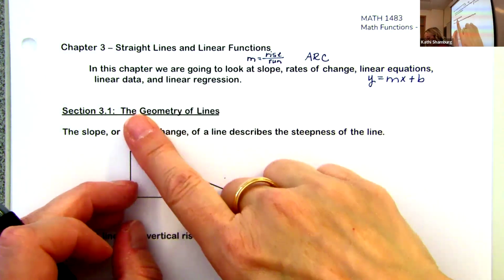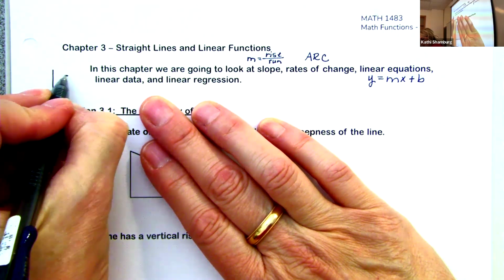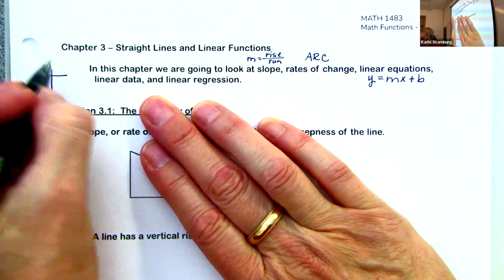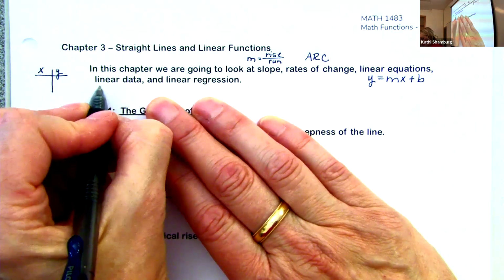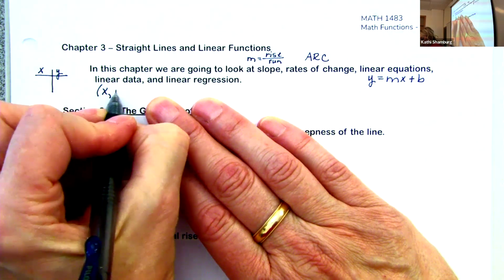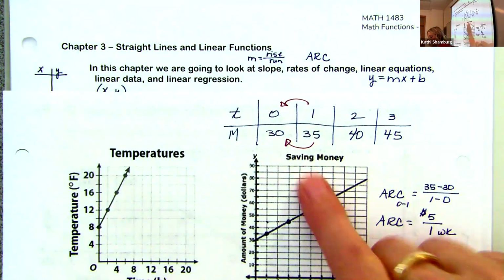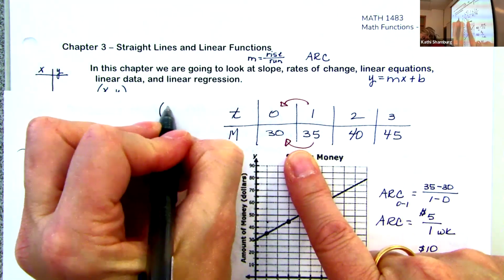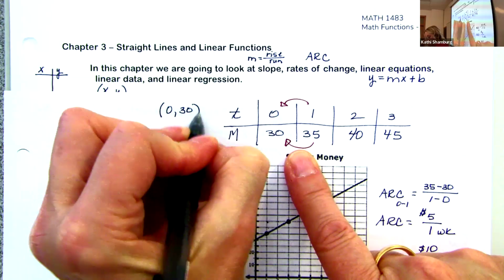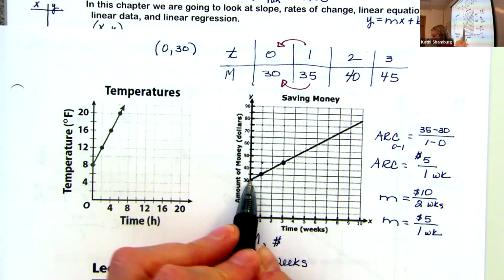All right, linear data. So linear data is similar to when we look at a table. We know we have an X value and a Y value, and that would give us an ordered pair. So like if we went back to this, a variable is always first. This would be the ordered pair 0, 30, this point right here.